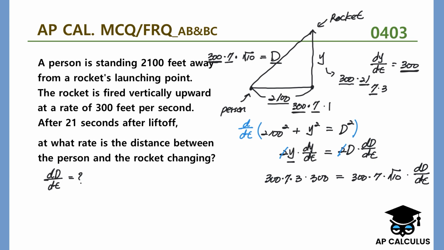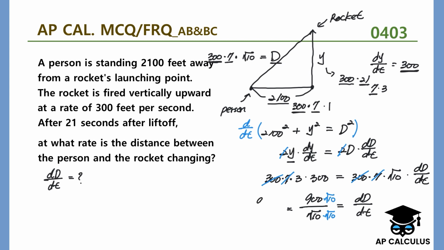So far so good. Let's simplify this. Cancel, right? So we have 900 over square root of 10 equal to dd over dt. And if we rationalize this, we multiply by square root of 10 on top and bottom.